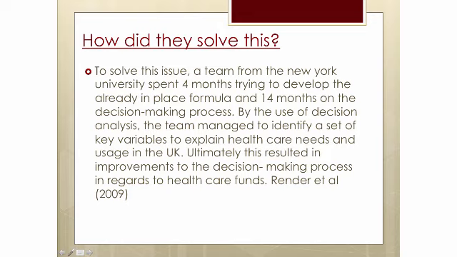In order to do this, a team from New York University spent about 4 months developing the original allocation model and another 14 months refining the decision-making model. Using decision analysis, the team identified a set of key variables to explain healthcare needs and usage in the United Kingdom. This resulted in modifications to the decision-making process regarding healthcare funds.